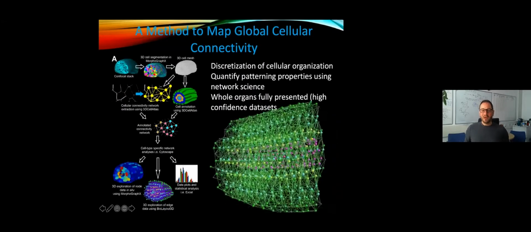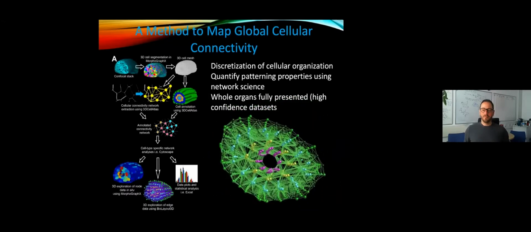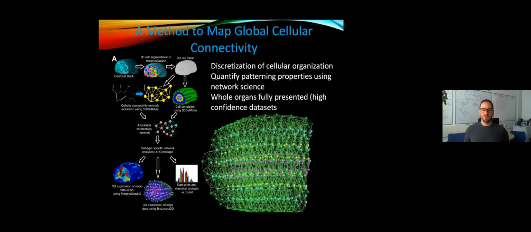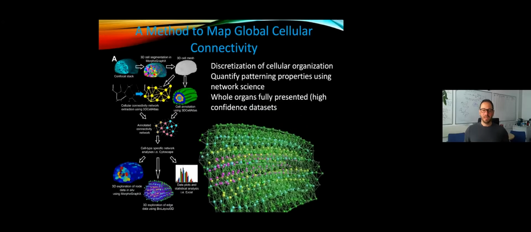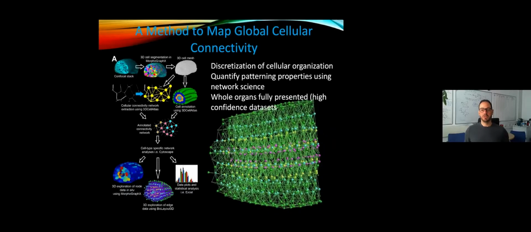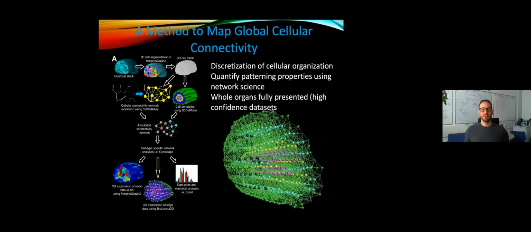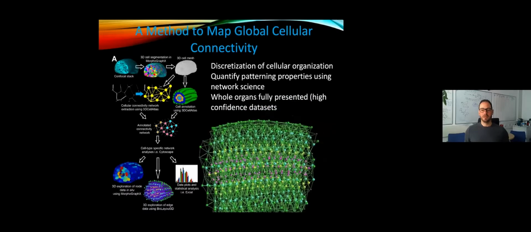So this is just the layout of the network to give you an idea of what the data look like behind what I'm going to present to you. And this is a hypocotyl, and it's spinning around, and it's just to show you, isn't this pretty? But also to give you an idea that the network is just describing how the cells are stuck together to one another.